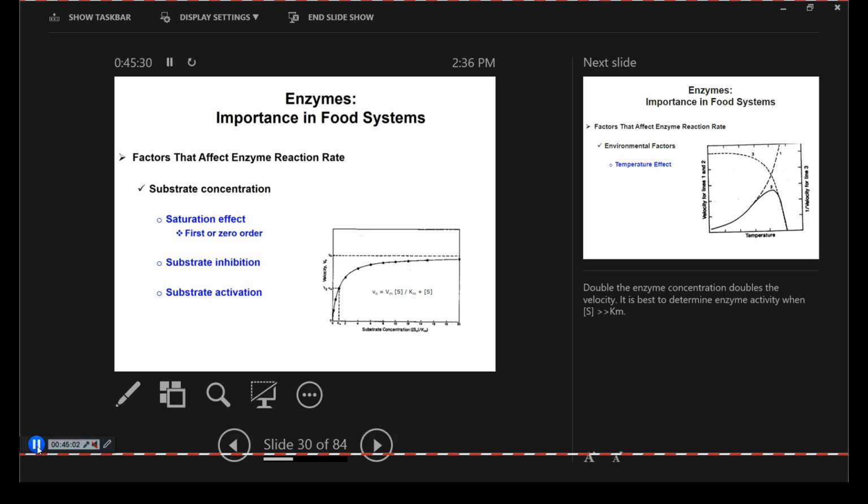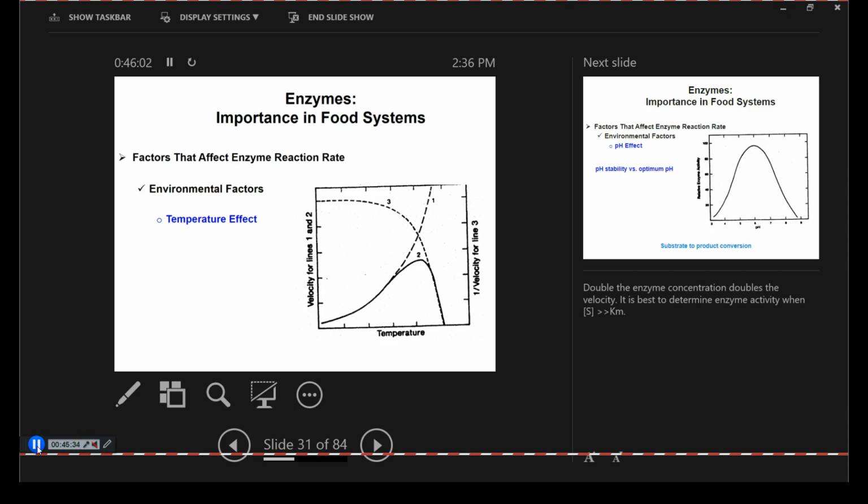It can either cause activation, that means making sure that the active site is in the correct format for the substrate to bind, or it can actually change the active site shape by binding to that enzyme, so the active site shape no longer can bind to the substrate itself. So these can happen.